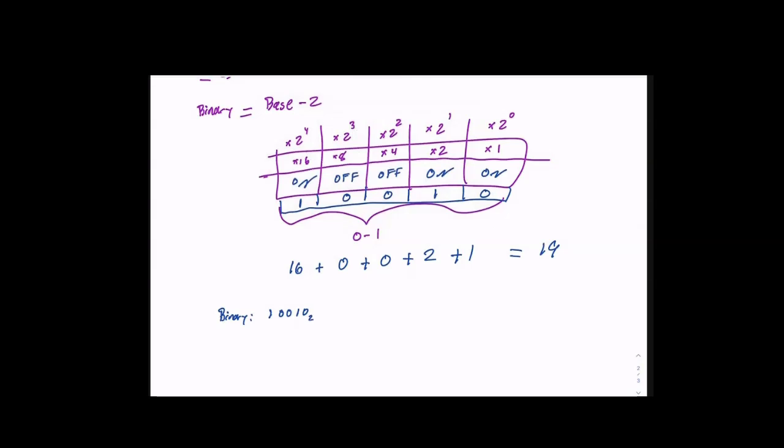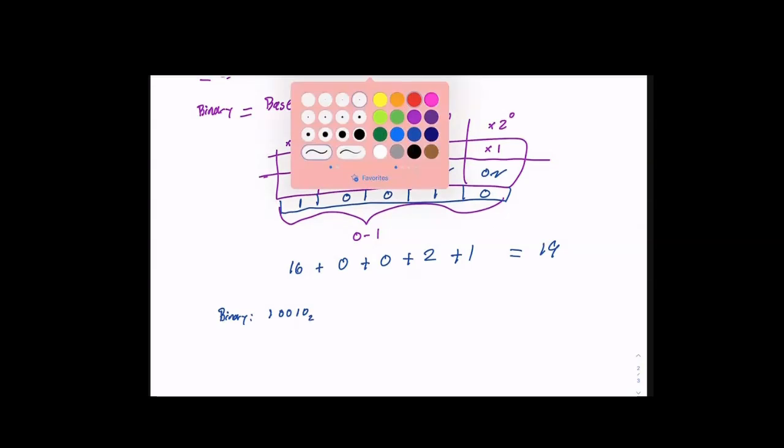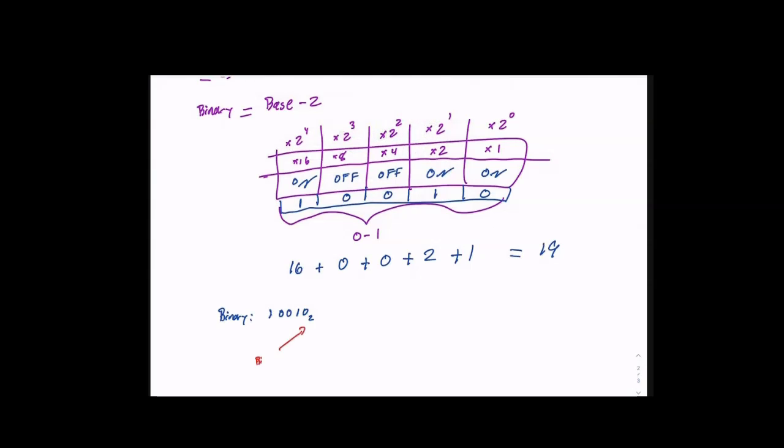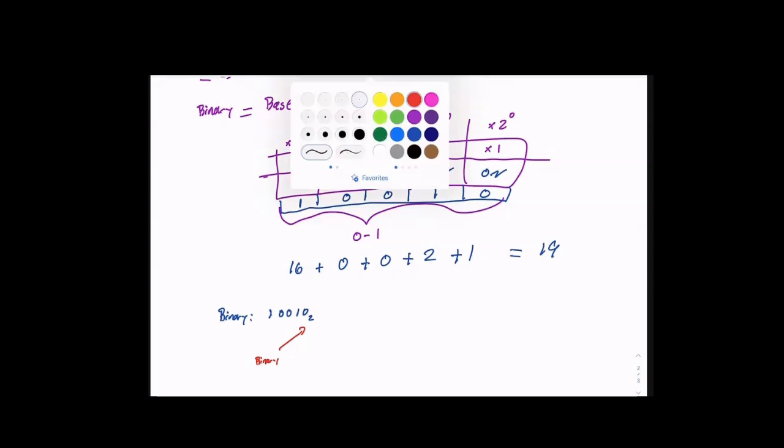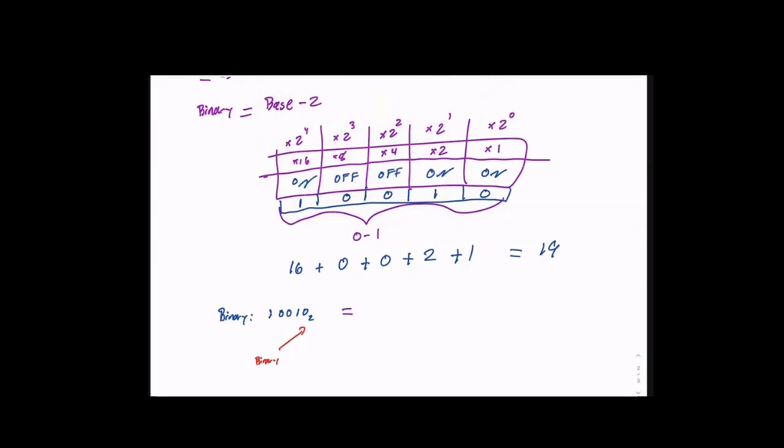That 2 just tells me that we're working in binary, so you don't go, oh, that's the number 10,010. No, it's 10010.